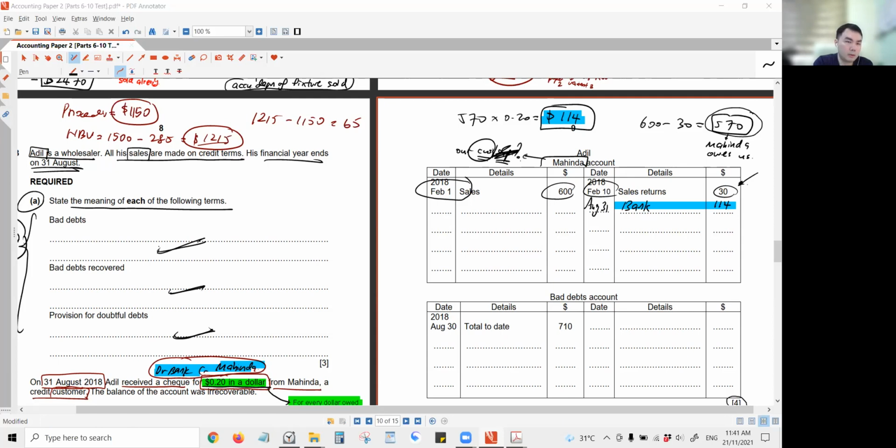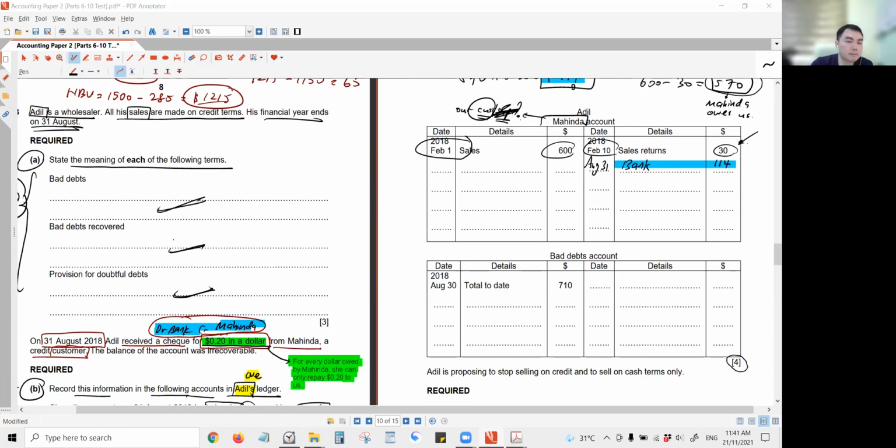Then see what happened next. Next sentence: the balance of the account was irrecoverable. It's telling you that the remaining amount Mahinda owes to us, we can no longer collect from her. It becomes irrecoverable.